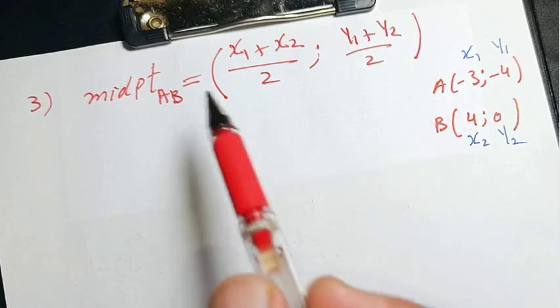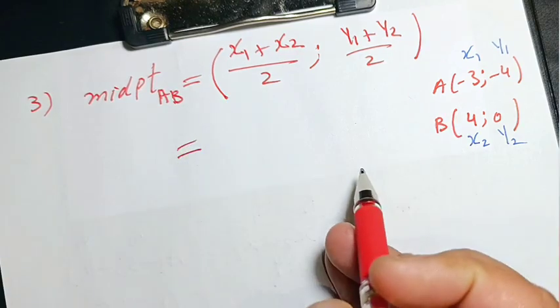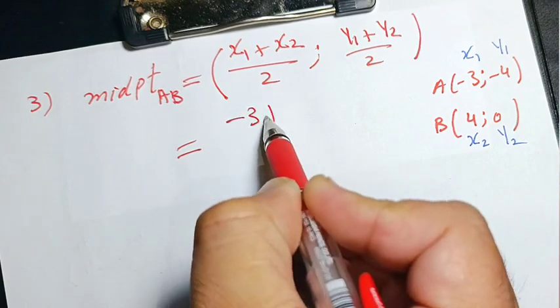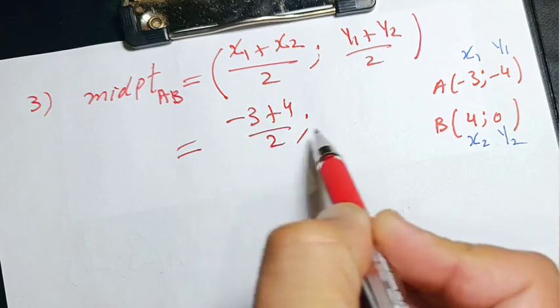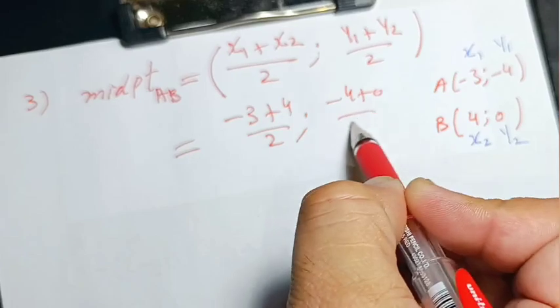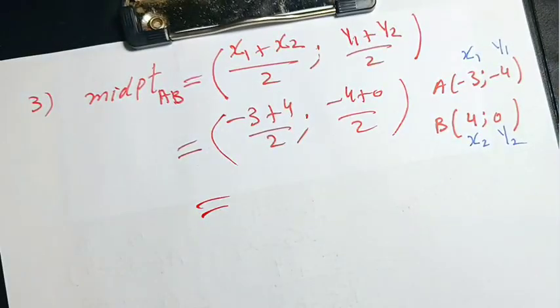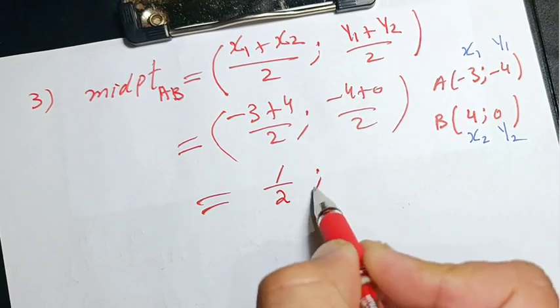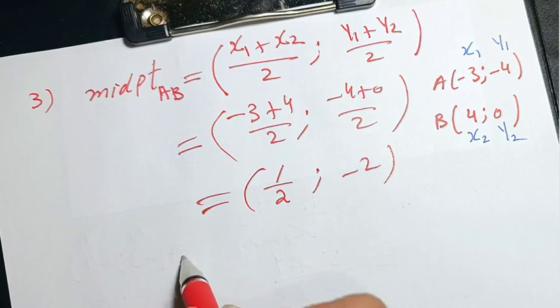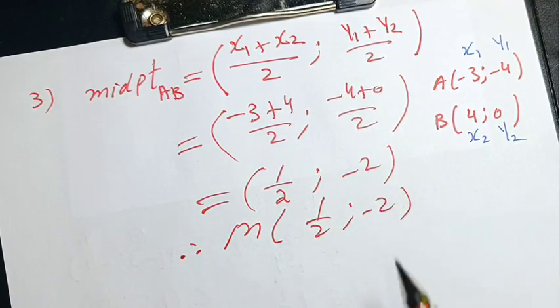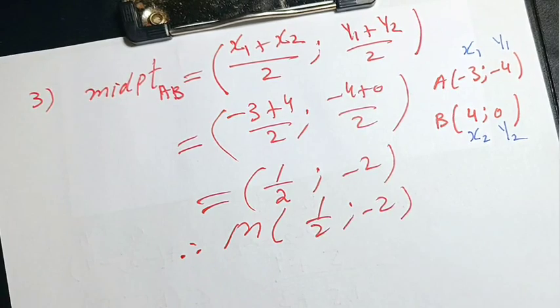All of these values I need to feed into this formula. x1 plus x2, so it's going to be negative 3 plus 4 over 2, and y1 plus y2, negative 4 plus 0 over 2. So I need to simplify now. The answer is going to be 1 over 2 and negative 2. Therefore M is (1/2, -2), these are the coordinates of M, the midpoint of AB.